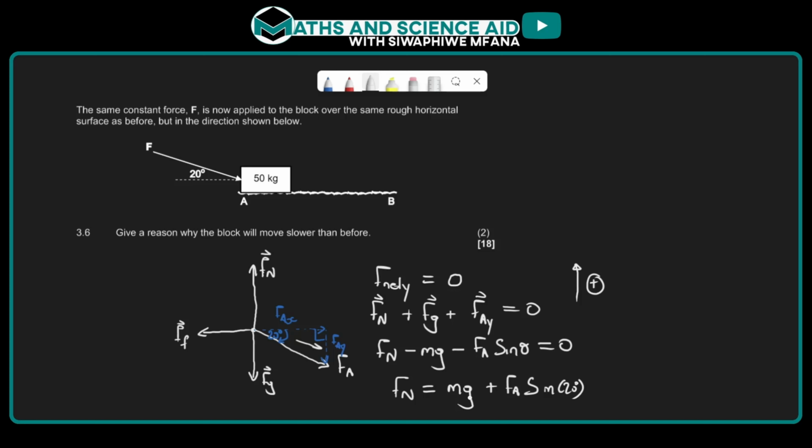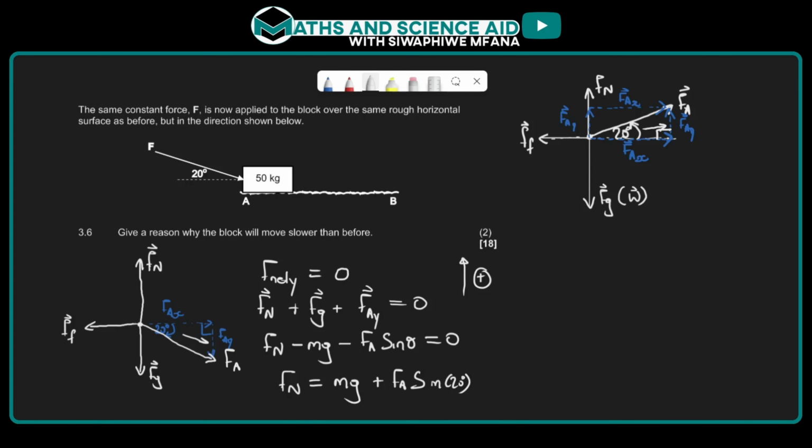And mg here is still 50 multiplied by 9.8. But now, if we compare all of this to the first scenario, this is what we are going to see. And so this is the free body diagram for the first scenario. And even here, as we had already discussed, F net in the y direction is equal to 0.